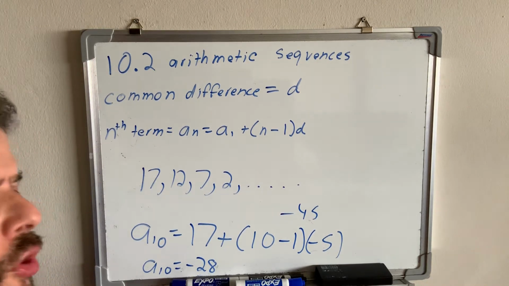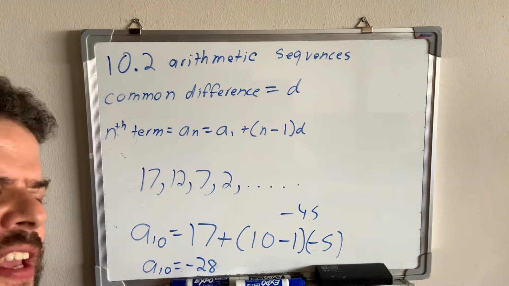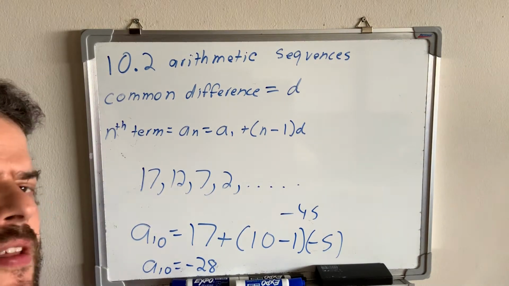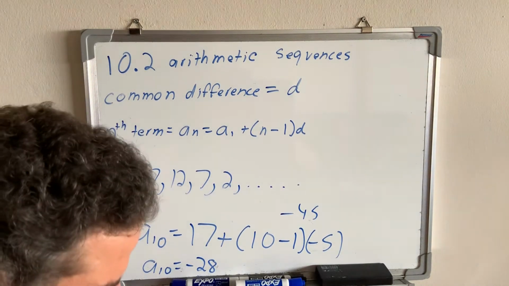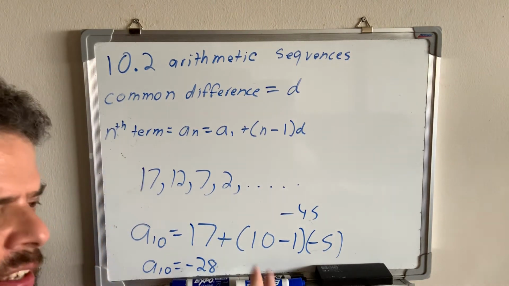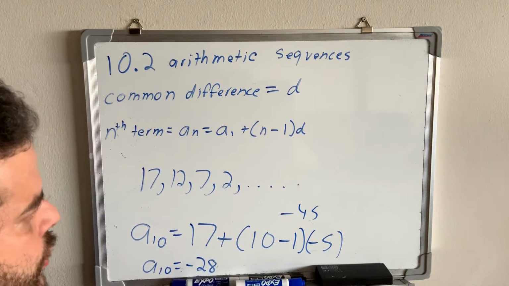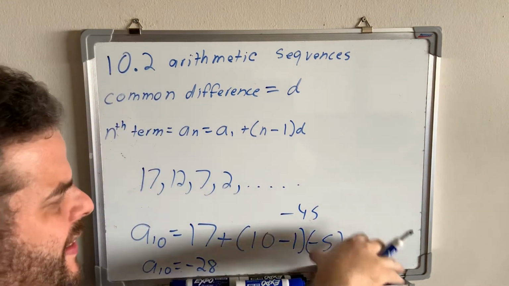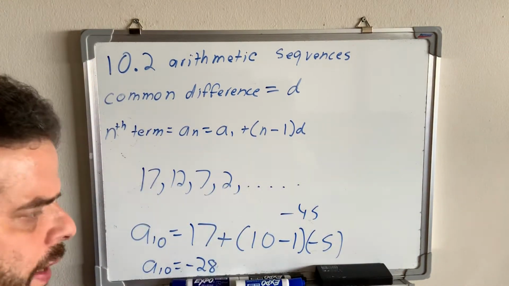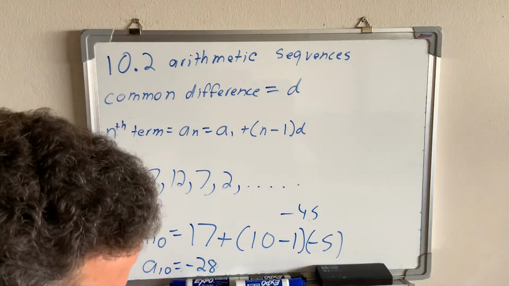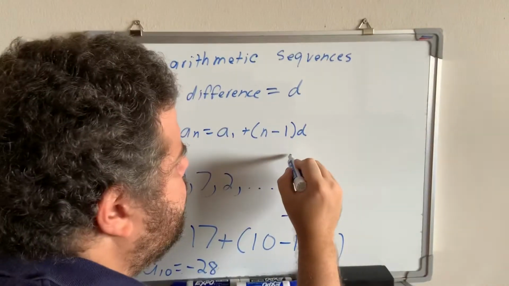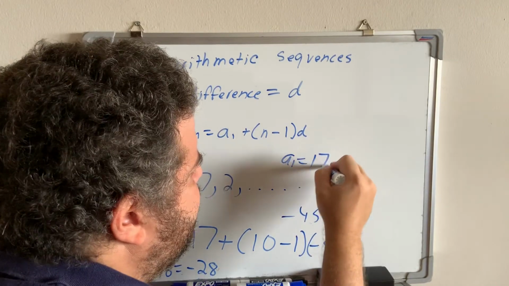Now example 2, they're giving us a sequence and then they're asking us to give the formula for that sequence. They're asking to find both the explicit formula and the recursive formula. Let's write the explicit formula of that one right there. For the explicit formula, you always state the first term, a1 equals 17.